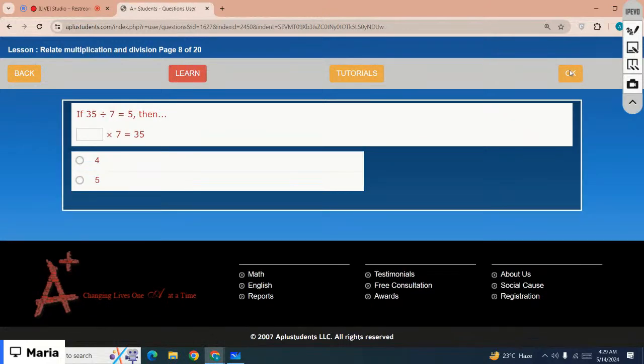Okay, if 35 divided by 7 equals 5, then what number times 7 equals 35, which is the correct option?